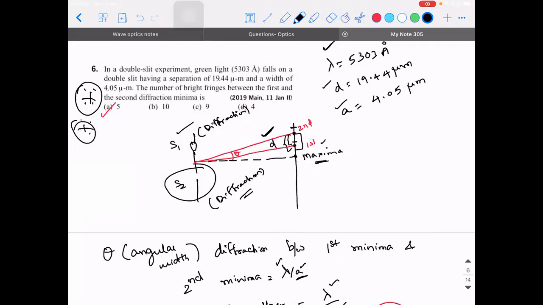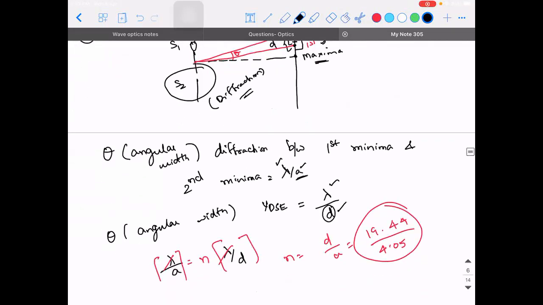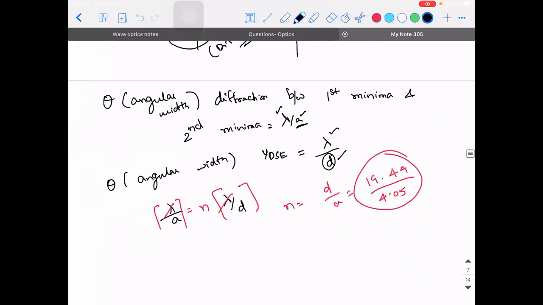This first and second dark spot have taken place due to the diffraction pattern. So in the same width, there will be n more spots that are formed due to the double slit experiment. That is why I wrote it as n times lambda divided by d.